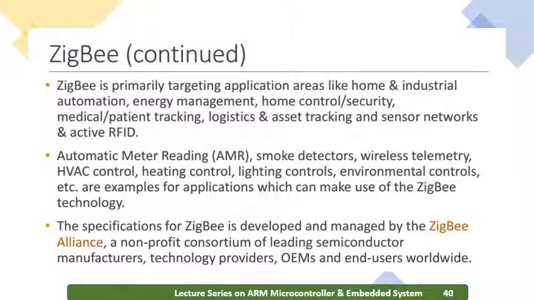So automatic meter reading, smoke detection, whatever the current working projects we have, everything uses ZigBee. The ZigBee specifications are managed by the ZigBee Alliance.